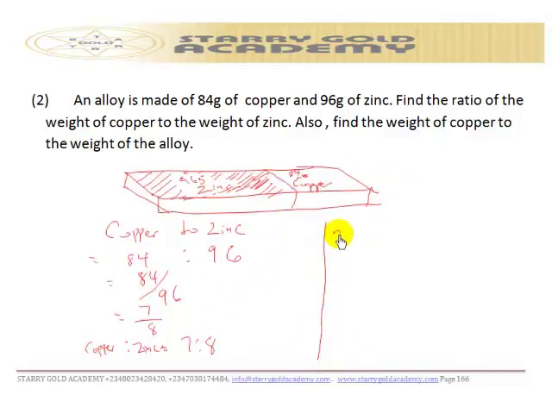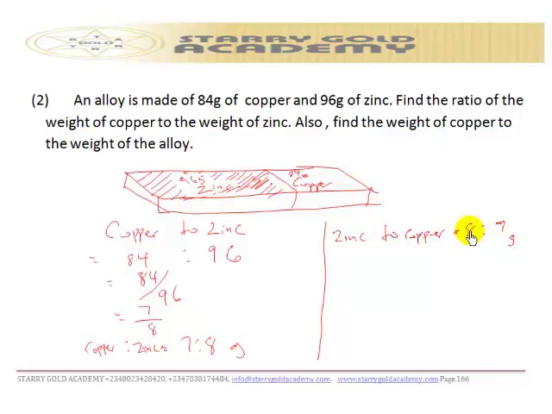And zinc to copper, let's do it in grams, zinc to copper is 8:7 grams.